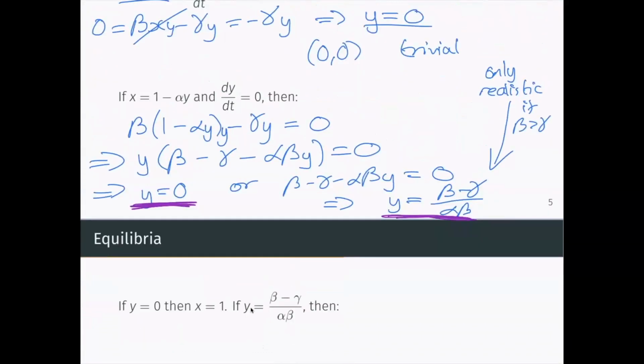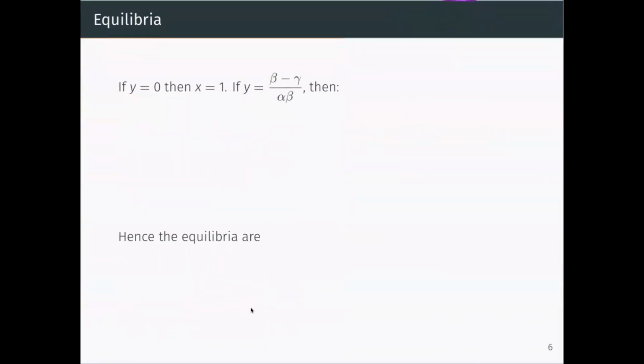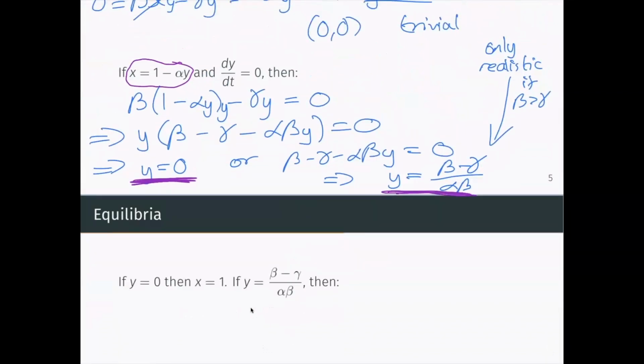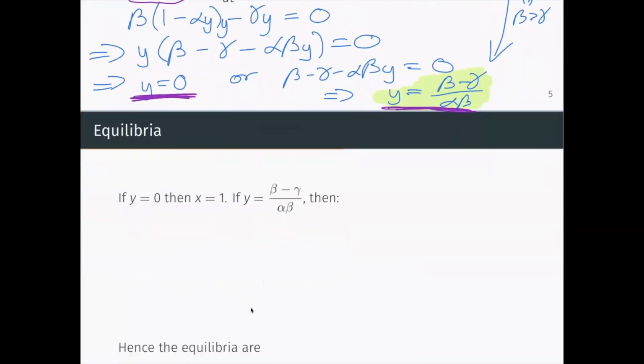We now need to substitute this back into this equation here to find out what x is. So if y is equal to 0, then x must equal 1. Hopefully that should be pretty clear if we substitute this in, in green, into our equation for x. And then if we think about what happens if we now substitute this other value of y, I'll do this on the slide below.